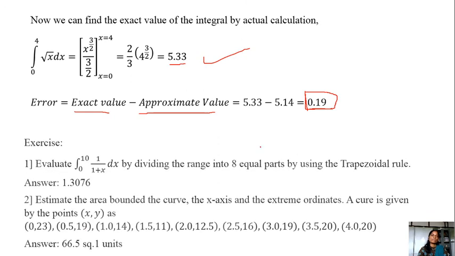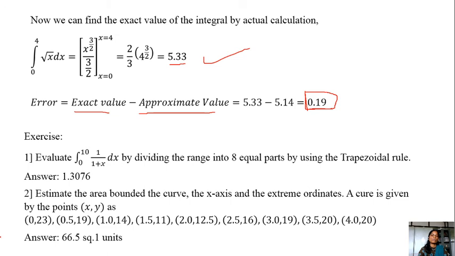So these exercises I have given for you. You have to solve these integrations by using the trapezoidal rule. So the very first is the integral from 0 to 10 of 1 upon x dx, and here we are asked to divide the given interval into 8 equal parts. So this is your n, and the formula for h we have already done in the very first example: upper limit minus lower limit divided by n.